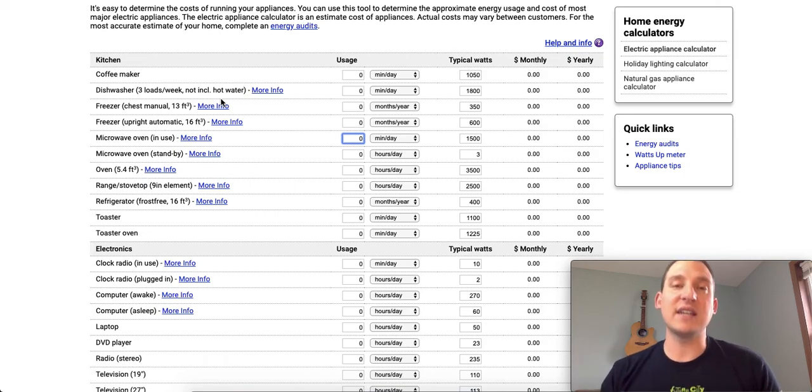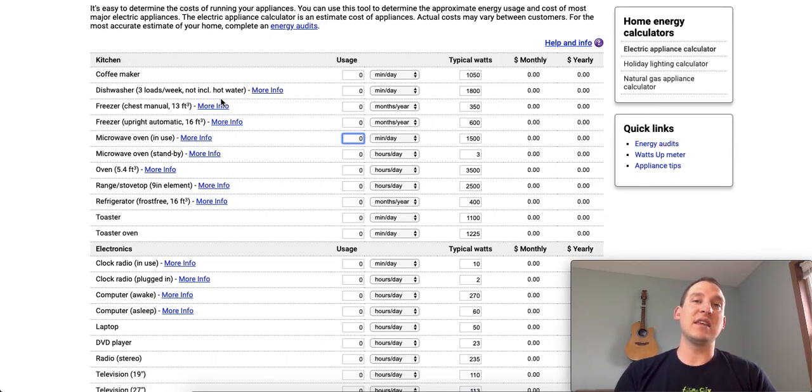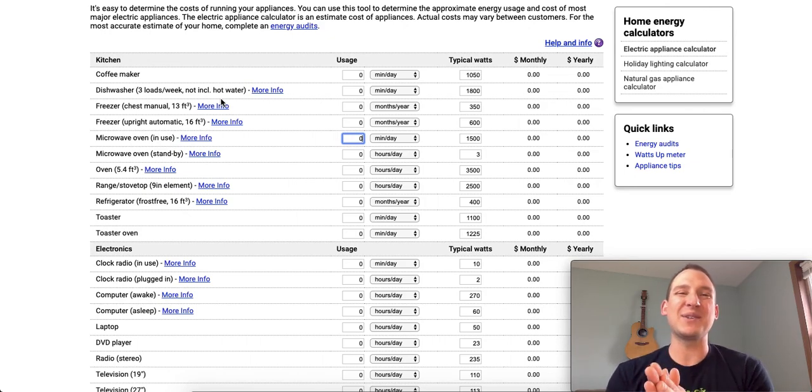When you're looking at this list, if your 5 things aren't on here, we're going to ask that you find other things on this list that you use in your home on a regular basis. Sorry, that was discombobulated, but really what we're saying is you've got those 5 things, you're going to find them on here unless they don't exist on this list, and then you are going to find things on here that you use.